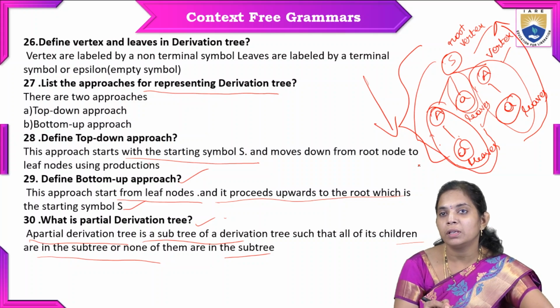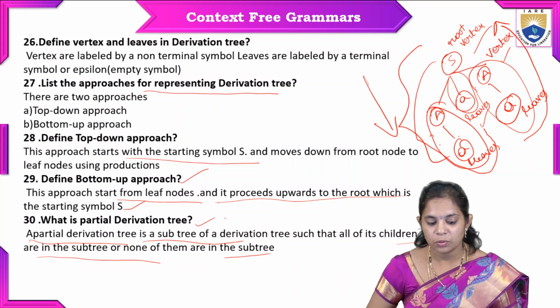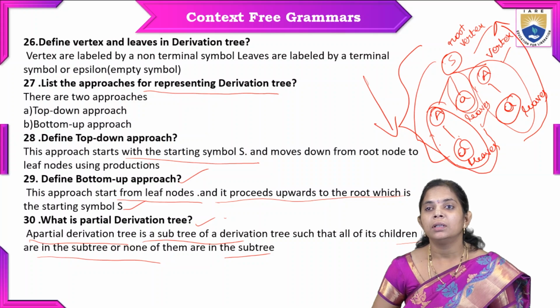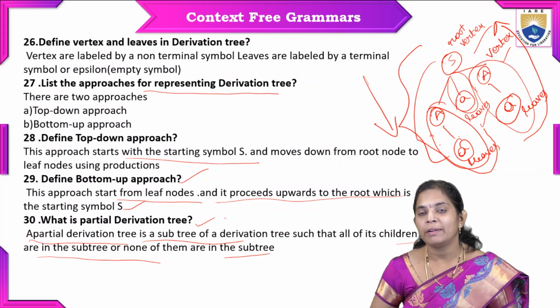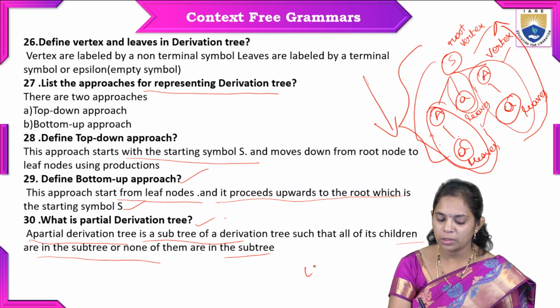So this is about the context free grammar definitions and terminologies. In context free grammars, the most important things are leftmost derivation and rightmost derivation, and we can also convert the rightmost derivation to leftmost derivation.